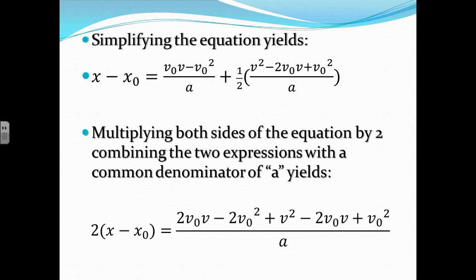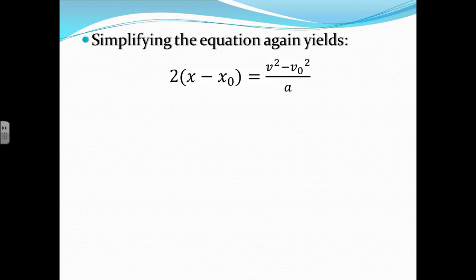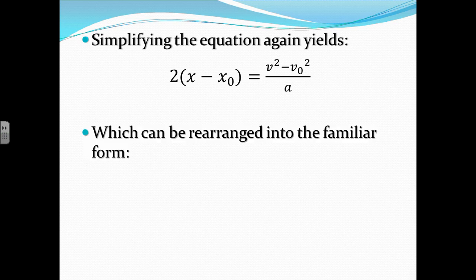That cancels out with one of the velocity initial squares at the end, leaving us with a more simplified equation: 2 times change in position equals velocity squared minus velocity initial squared divided by acceleration. And having it this far simplified, we can then put it into a familiar form: velocity squared equals velocity initial squared plus 2 times acceleration multiplied by the change in position.